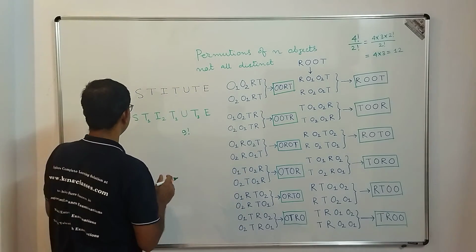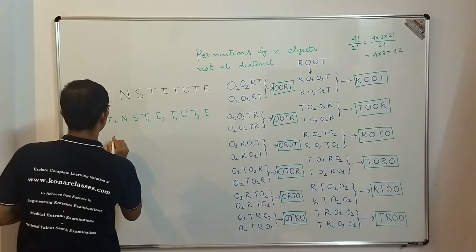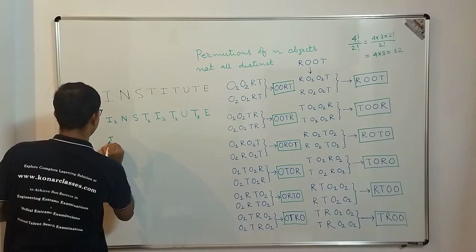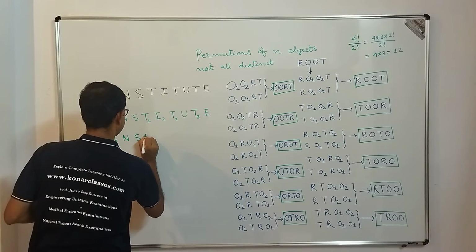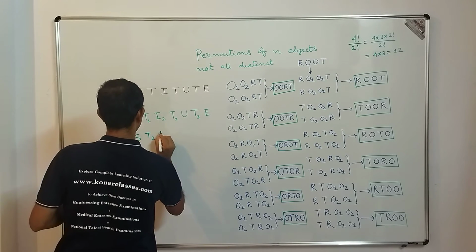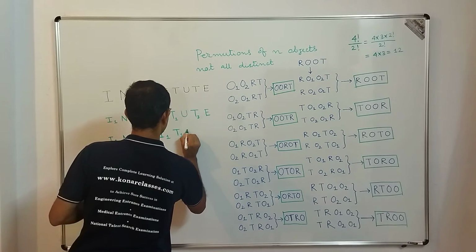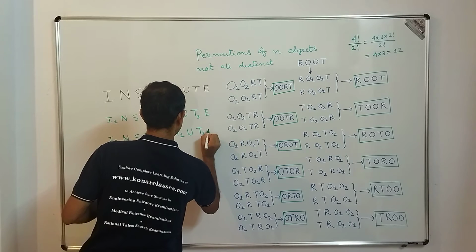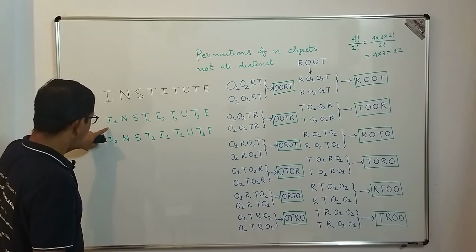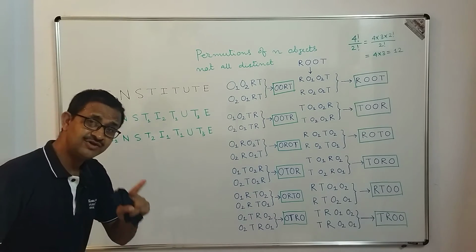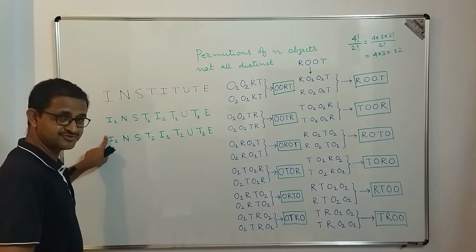That means if we make two such arrangements, suppose I write here I2 N S T2, I1 T1 U T3 E. The moment we keep I1, I2, T1, T2, T3 different, these two are distinct arrangements.